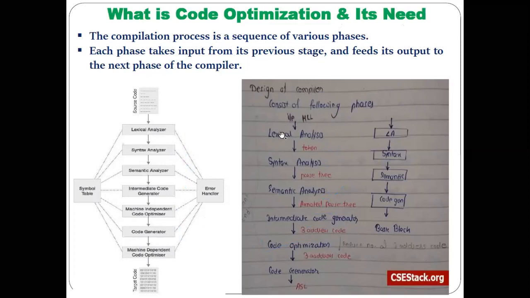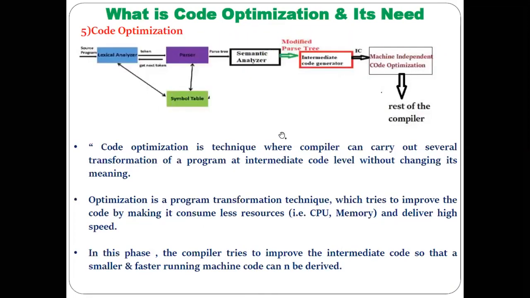As you can see in the diagram, we generally perform code optimization on the code we receive from the previous phase, that is the intermediate code. This is the machine independent code optimization phase, and the next phase is the code generation, which we will discuss next time.